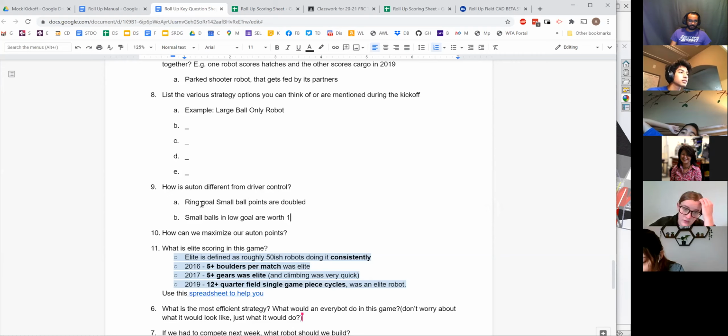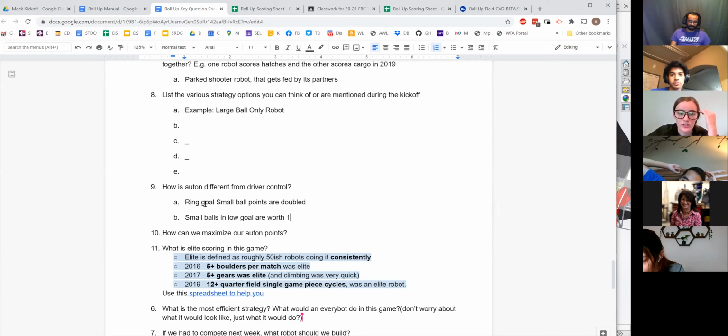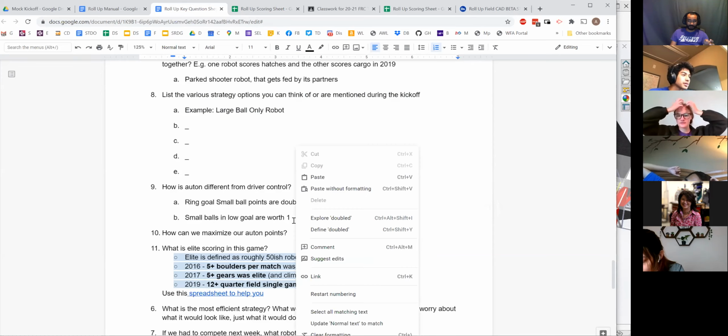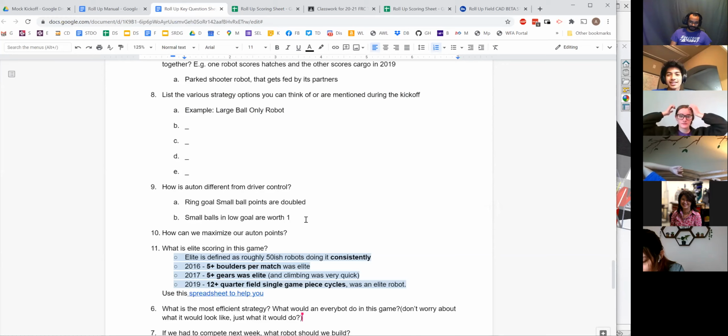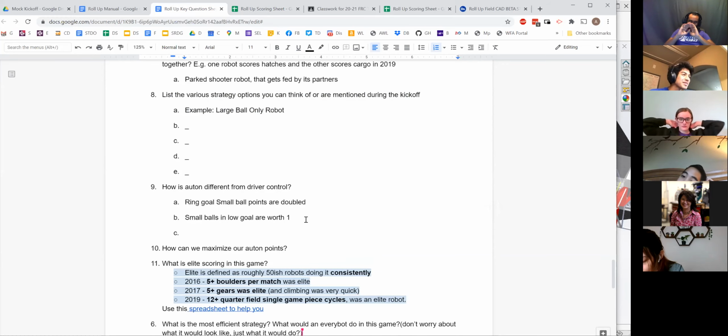But ring goal, is it not top ring? Is it top goal? What do we name it? No, it's top ring. Okay, I thought so. He just means everything named as a ring is doubled. Yeah. There are 3 ring goals and a lower goal. We did that on purpose. It was super confusing when we named it during game design.